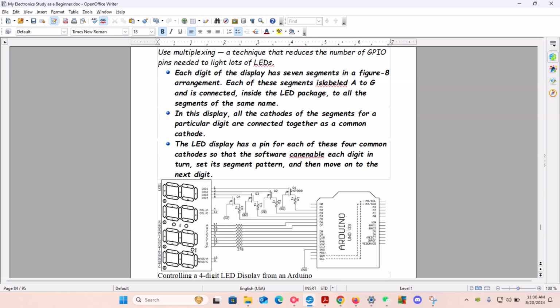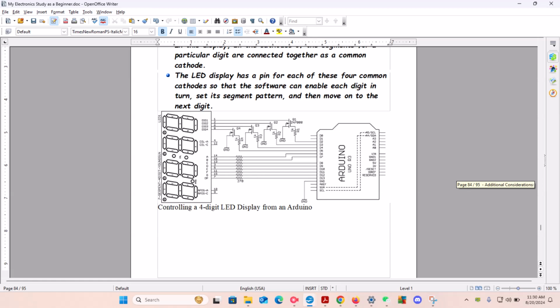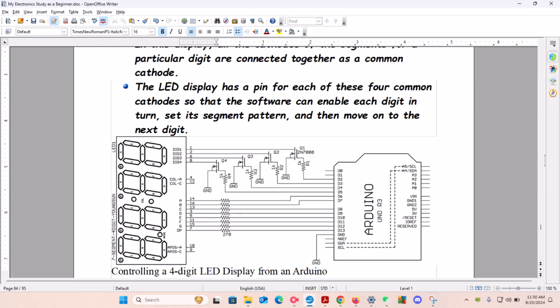The LED display has a pin for each one of these 4 common cathodes so that the software can enable each digit in turn, set its segment pattern, then move on to the next digit. So we do this one after the other. Okay, so if I can make this bigger, I don't know if I can.